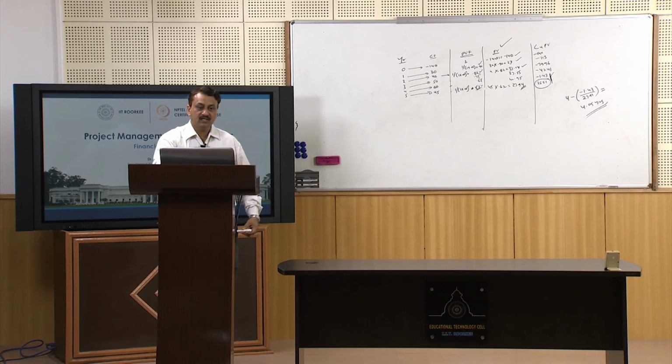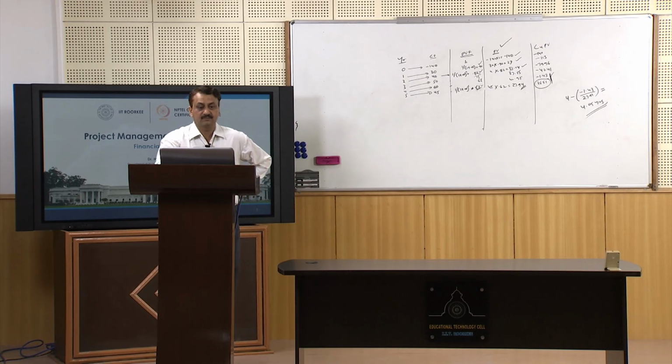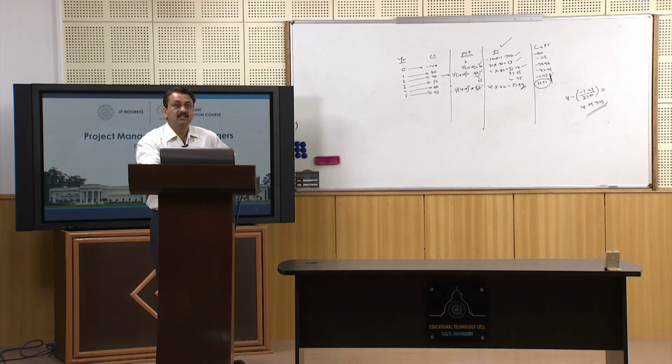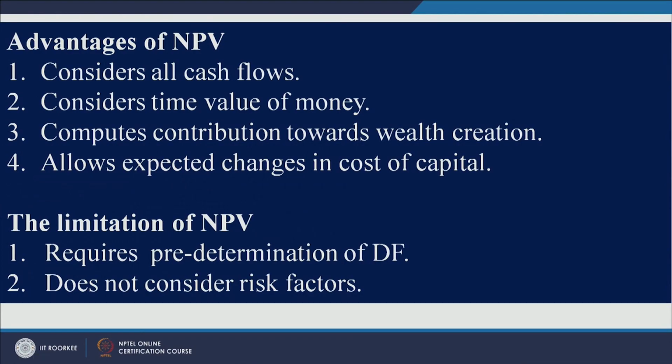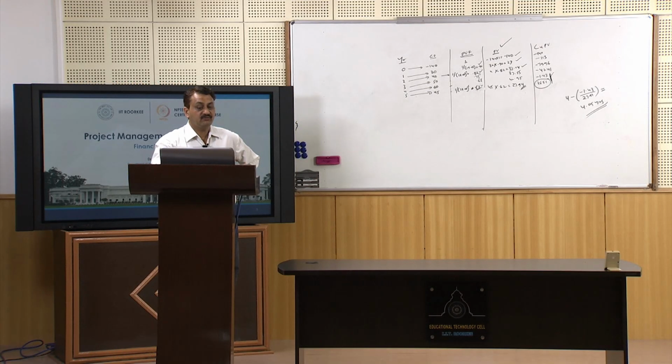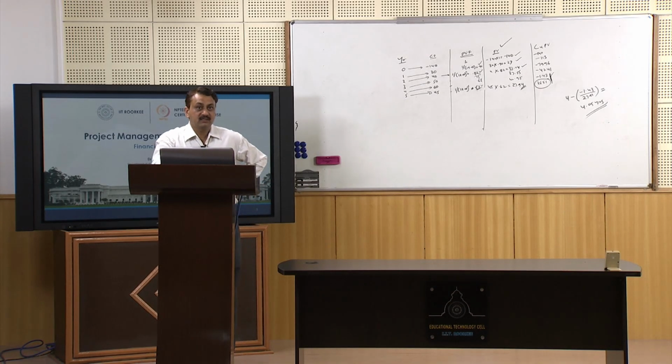It computes contributions towards wealth creation and allows for expected change in cost of capital, but there are certain limitations also. The limitations are that it requires predetermination of the discounting factor, so a priori you should know your discounting factor, and that it does not consider risk factors, while in a project you need to consider risk as well.